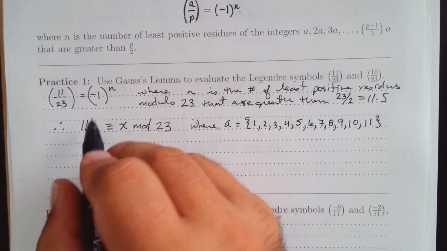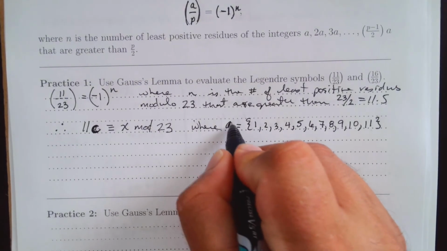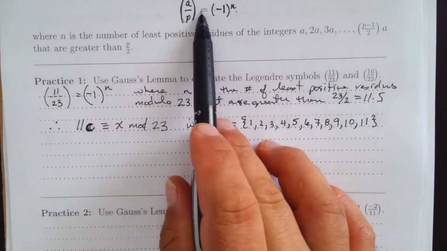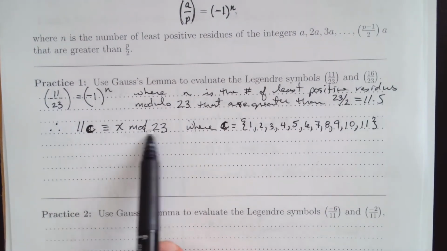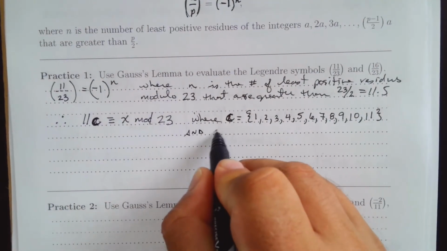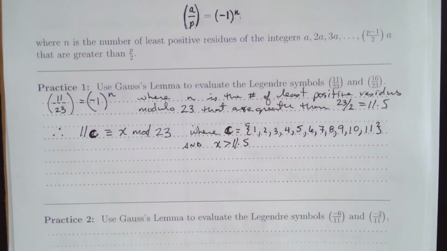Maybe I should have said 11c so that we don't make a confusion with what's representing the a. So a is 11, and times some number is going to be x mod 23. We're going to want x to be greater than 11.5.